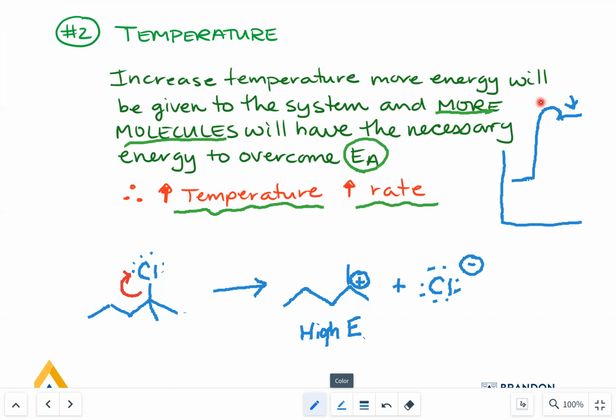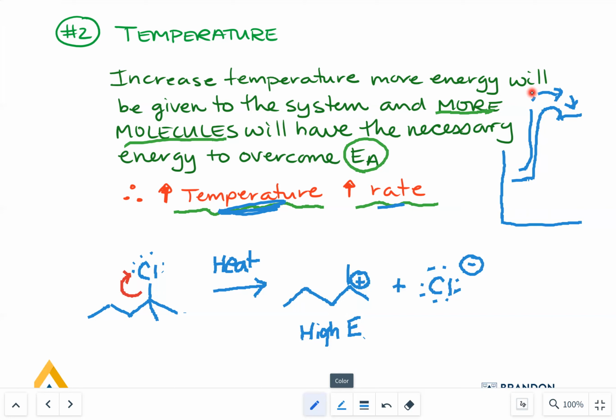This is going to be an endergonic process because this species is high energy, because it's missing some lone pairs, for example. But you need to actually heat this up to get it to go. It's not going to go if you've got this at room temperature sitting on the shelf. So one way to do this is to add temperature to your system to get those molecules over that peak.